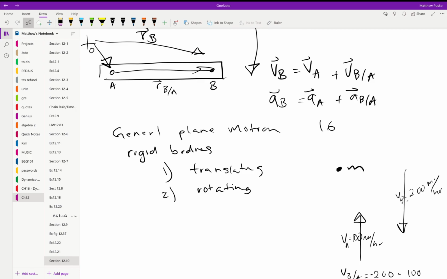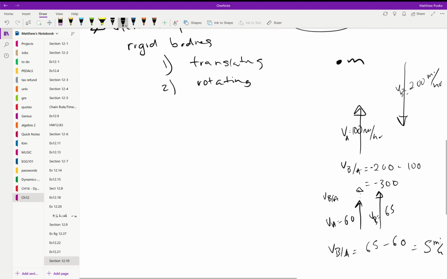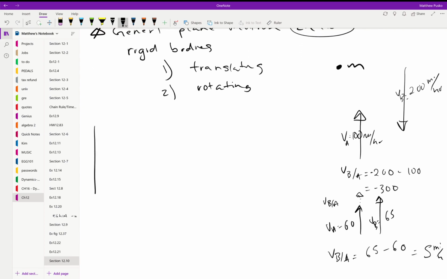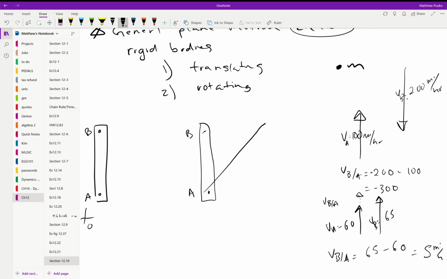but I really want to pound in the point that we're moving into general planar motion and rigid bodies in chapter 16. And what we're dealing with is, imagine another rigid body or a member or beam at some AB, and at some later time it moves over in space from the origin, but it's also rotated.